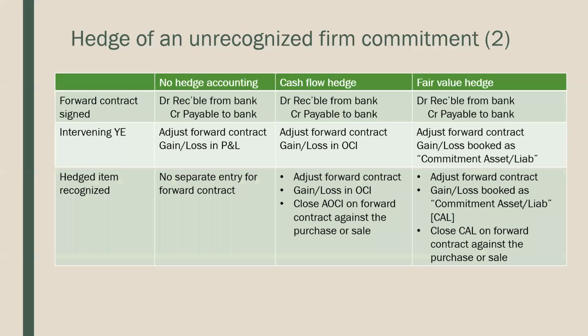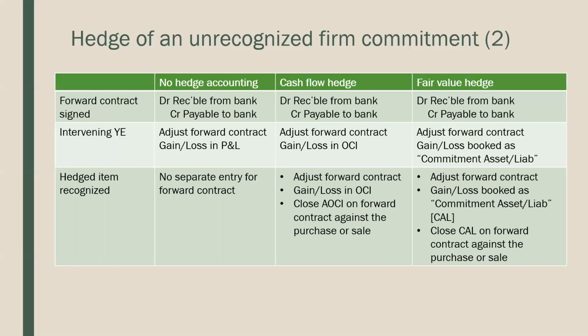When the hedged item is recognized, there's no separate entry needed for the forward contract if hedge accounting was not being applied. However, if hedge accounting was applied, then the forward contract has to be adjusted. Any gain or loss goes through OCI in the case of cash flow hedge, or commitment asset liability in the case of fair value hedge.